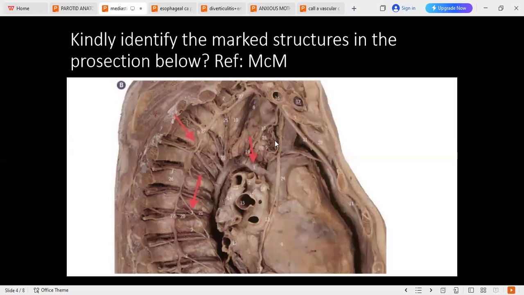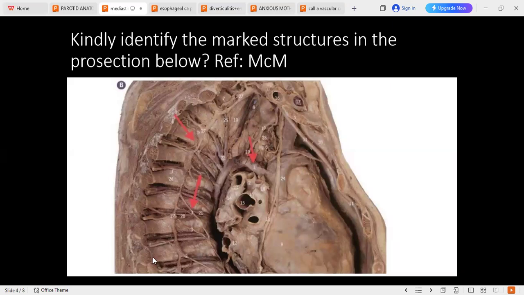The whole thorax, for the sake of ease of description, has been divided into superior and inferior, and the inferior again into anterior, middle, and posterior mediastinum. Please tell me the boundaries of the posterior mediastinum.